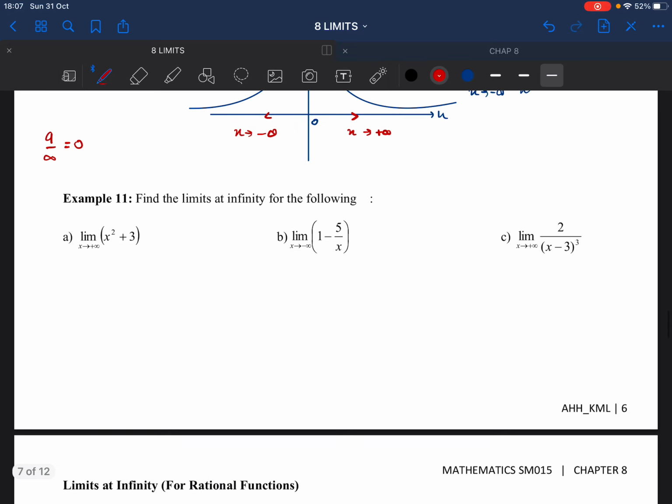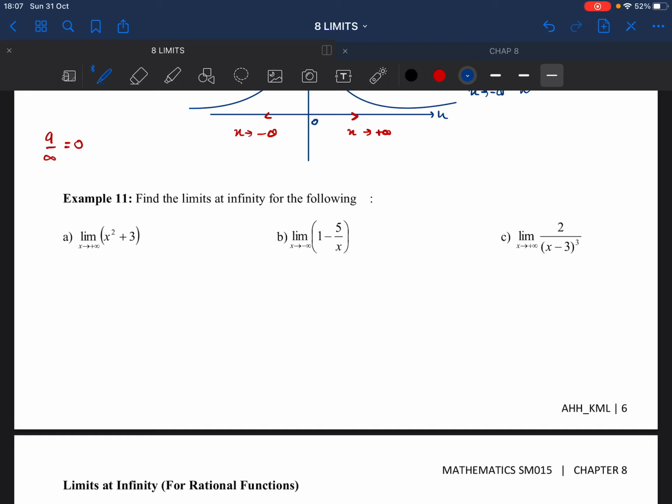Let's see, if you have limit x squared plus 3 as x approaches infinity. If you substitute the infinity value here, infinity is a very big number. If we square it, obviously it becomes even bigger. Then we add 3, which is a small value, so it doesn't affect anything.